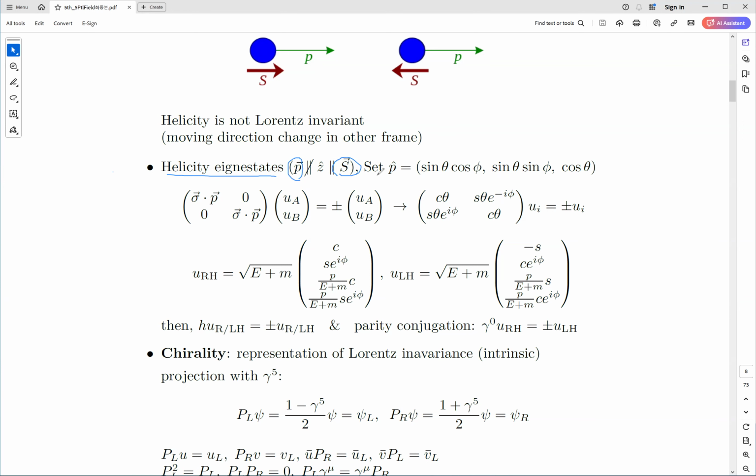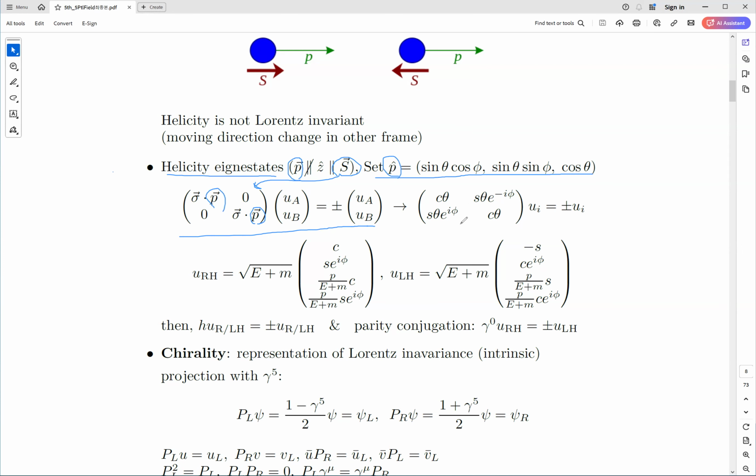So let's set the momentum direction given by the spherical coordinates with theta and phi. Then by using the spin operators with the 4x4 matrix elements, we want to solve this eigenvalue problem. And then in the momentum p, we can insert these momentum directions.